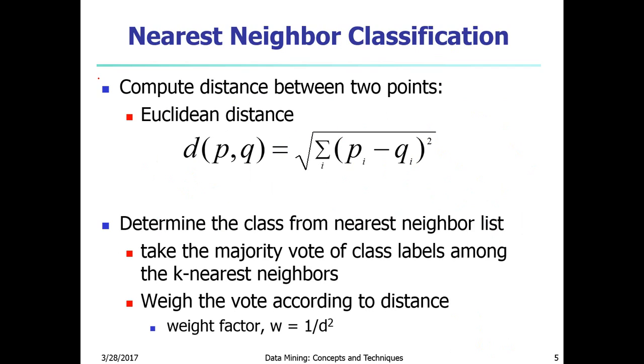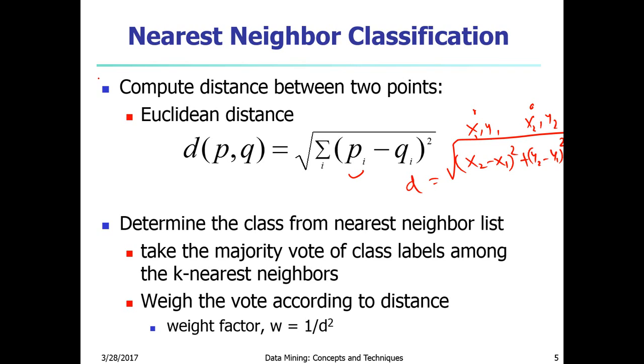So what you need to do here is compute the distance between 2 points. How do you compute the distance between 2 points? Well, if you are familiar with high school algebra, the distance between 2 points in a plane, x1 y1 and let's say x2 y2, is nothing but x2 minus x1 squared plus y2 minus y1 squared, and then the square root of that.